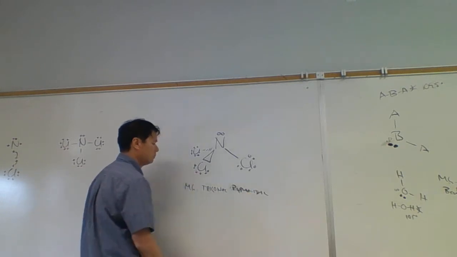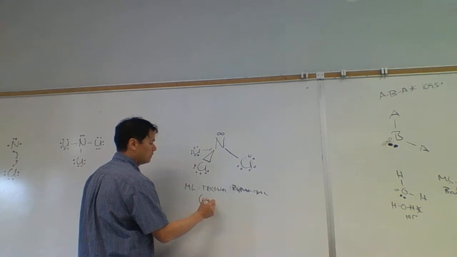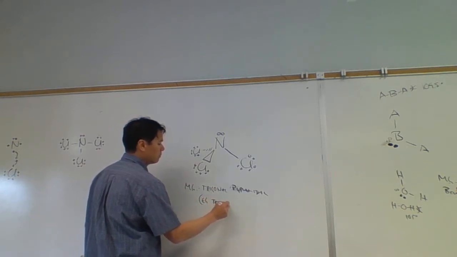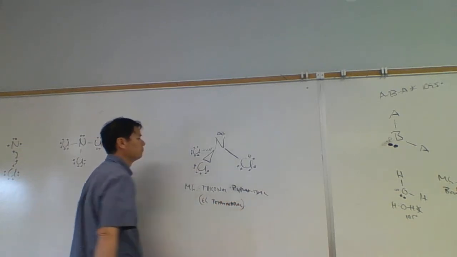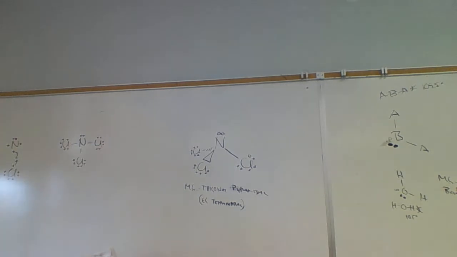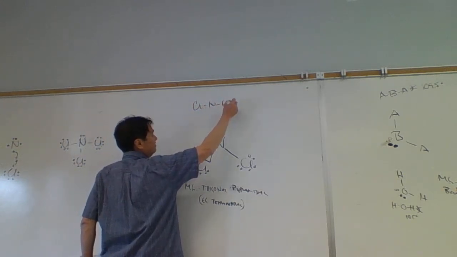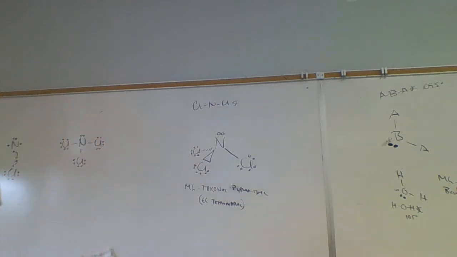Trigonal pyramidal molecular geometry, and that's based on a tetrahedral electron geometry. All right, so we want to predict the Cl-N-Cl angle. What is the ideal angle here? 109.5.